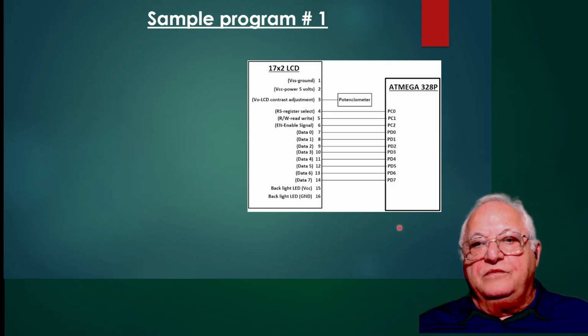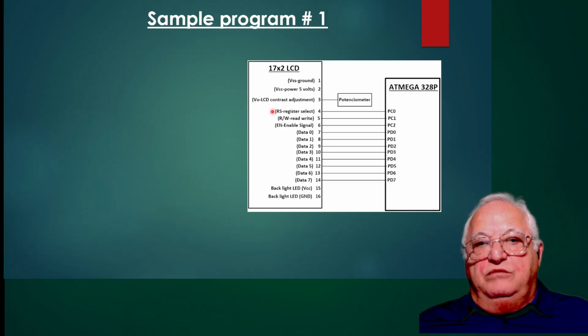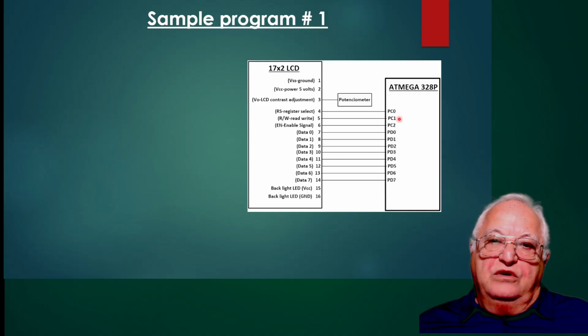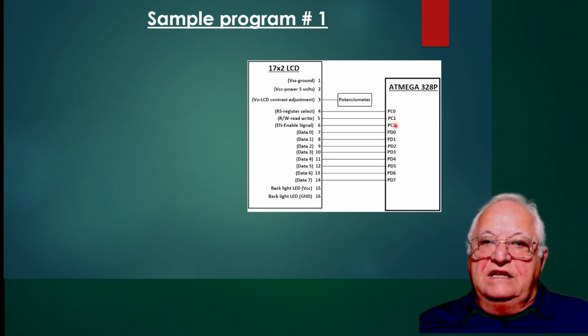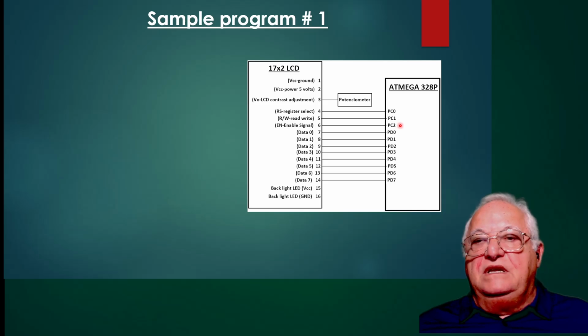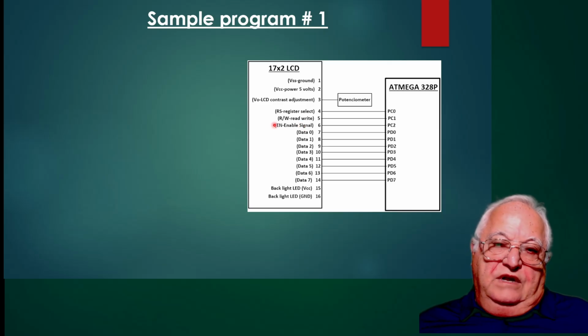So what are we going to do? What I did is put the register select, which is this data or command, on port C0. Then the read/write, which is always going to be write, goes on port C1. Next, the enable is going to be port PC2. This is the one we take from high to low to get the data transfer.